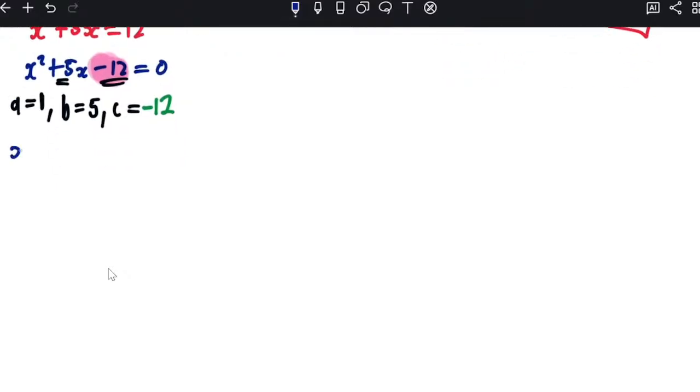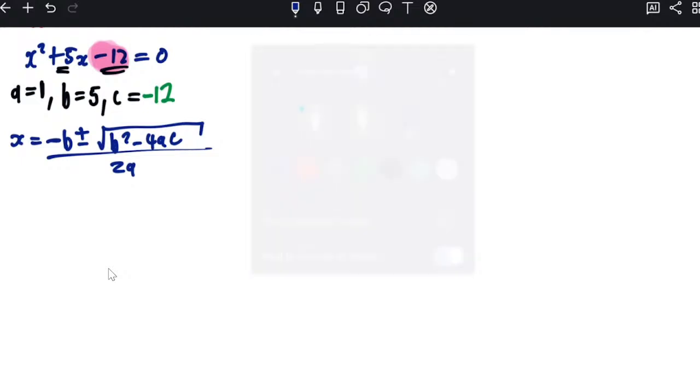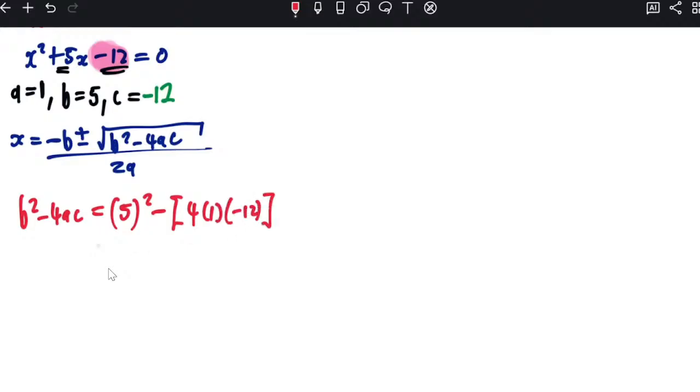So you do well. Now you write the quadratic formula. x is equal to minus b plus or minus the square root of b squared minus 4ac all over 2a. Then remember, get b squared minus 4ac. It is 5 squared minus, open bracket, 4 times a, 1, times c, negative 12, which is 25 minus negative 48, which is 25 plus 48, which is 73.